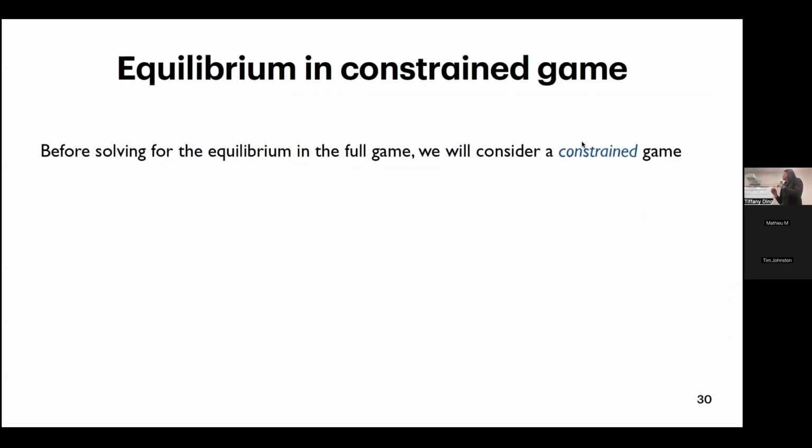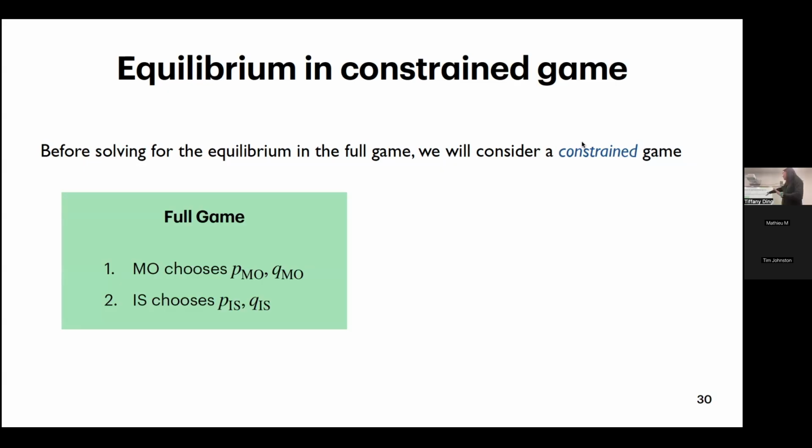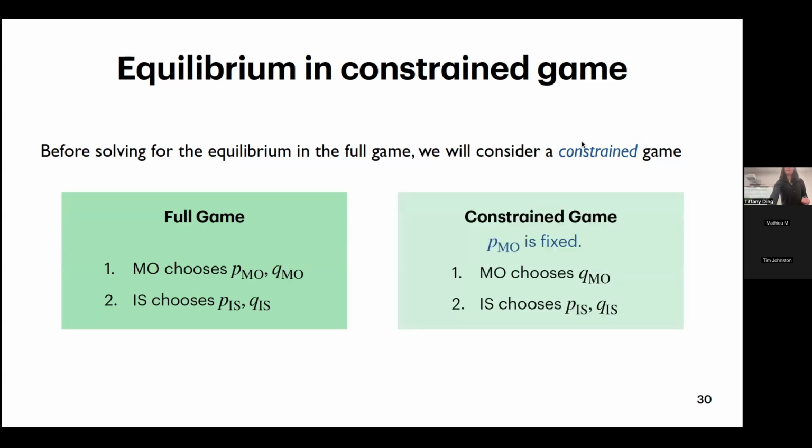Before solving the equilibrium of the full game, we'll consider a constrained game. As a reminder, in the full game, both players choose both their price and their quantity. In this constrained game, we'll assume that the price of the marketplace operator is fixed, and they can only choose their quantity, but they must sell at the fixed price.